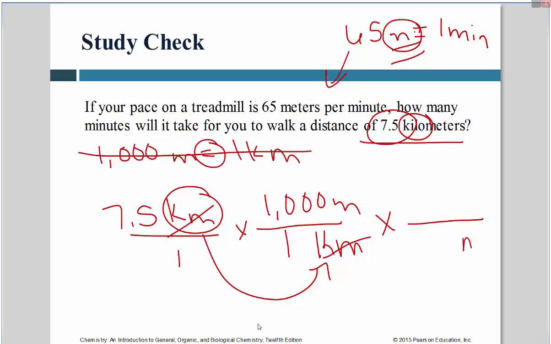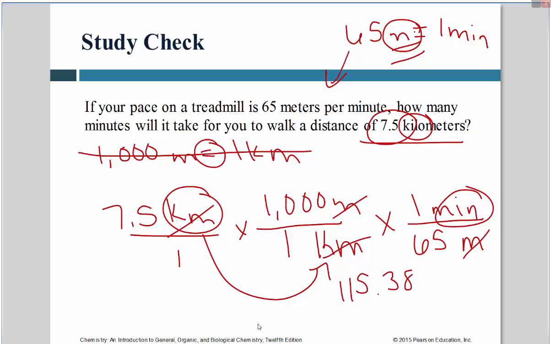There are 65 meters in every 1 minute. The meters cancel, and we're left over with minutes. When we put this in the calculator, 7.5 times 1,000 divided by 65, 115.38 minutes. You round that off to 120 minutes because our starting number only has two significant figures. And that's how you do conversions.